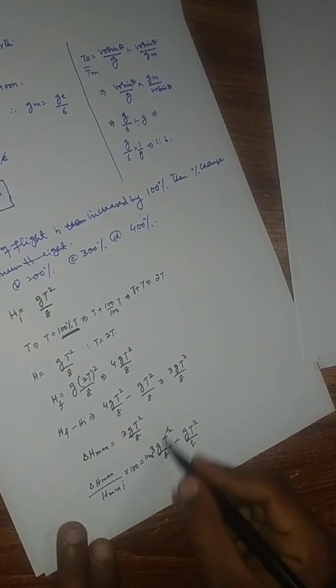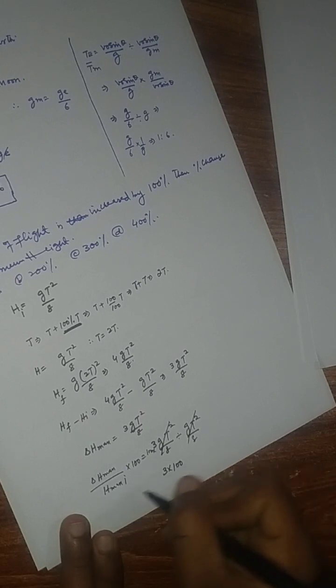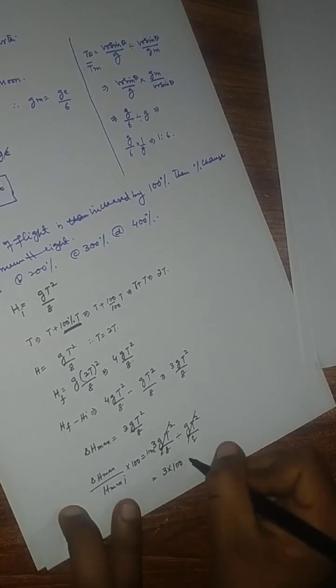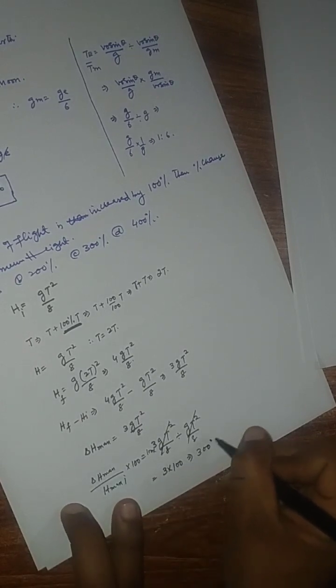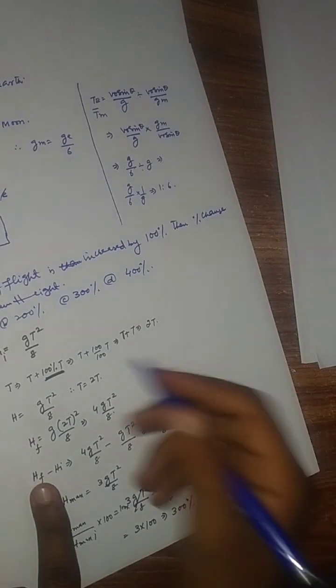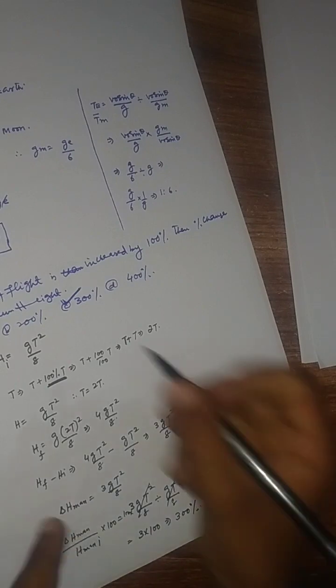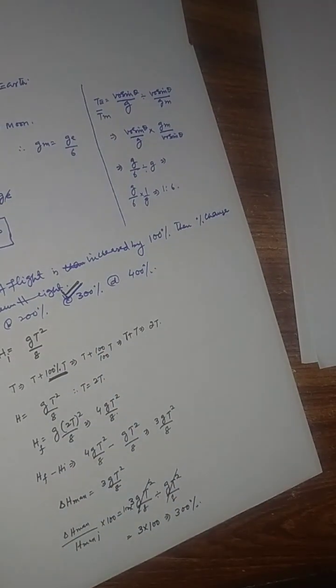This cancelled, 3 into 100 is the percentage change, which is equal to 300%. So if time of flight is changed by 100%, the percentage change in maximum height will be 300. Okay, so correct answer is 3.